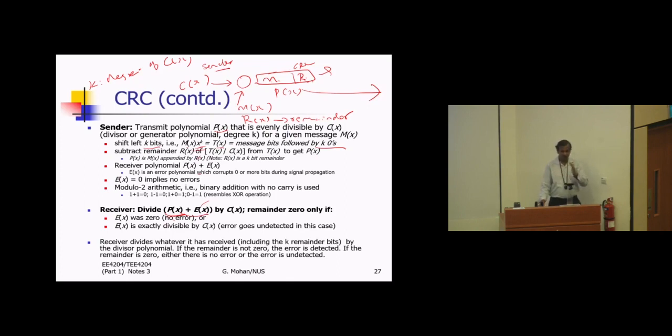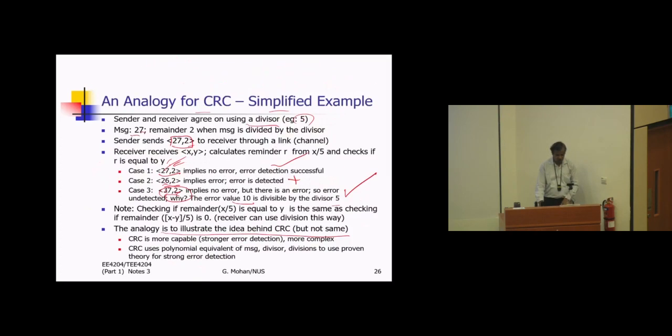Okay. So what the receiver will do is a similar division to check if the remainder is correct or not. Again, let's take the analogy. Let's say 27. When it is received, the receiver will divide this 27 by 5 and check whether it gets remainder 2.